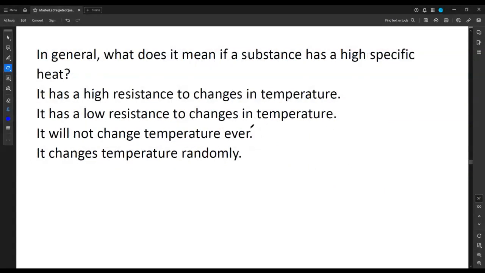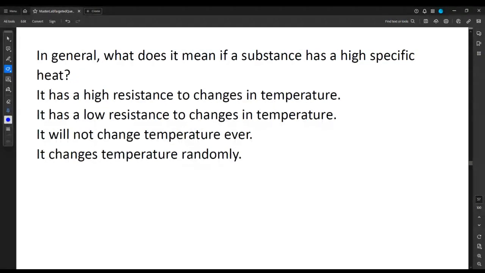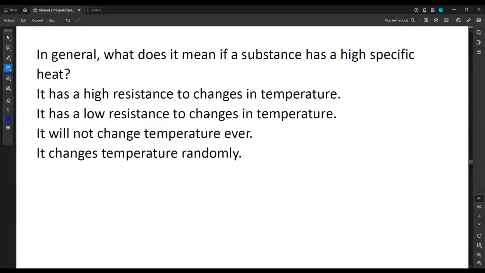Okay, now I mentioned specific heat, talked a little bit about it just now and didn't really say what it was doing. Specific heat, the way that it goes into formulas, if something has a high specific heat, then it's going to end up having a high resistance to a changing temperature. In certain units, water has a specific heat of 1, which doesn't sound very impressive, but using calories in these units, that's actually a fairly high number.